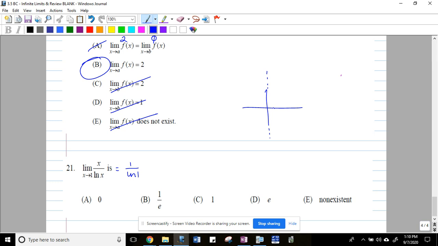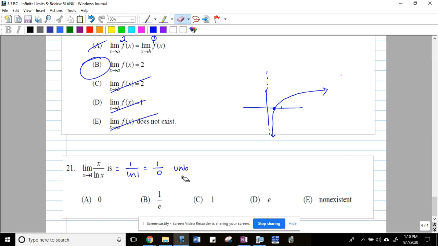And so, yeah, natural log of 1 exists. It's something. 1 divided by this value, natural log of 1. Let's see. No, natural log of 1 is 0. So that's unbounded. Sorry, that's undefined right now.